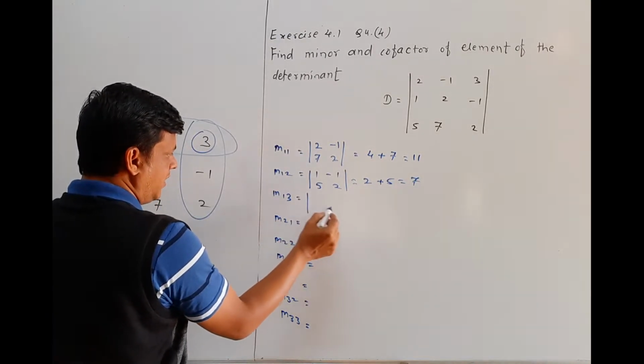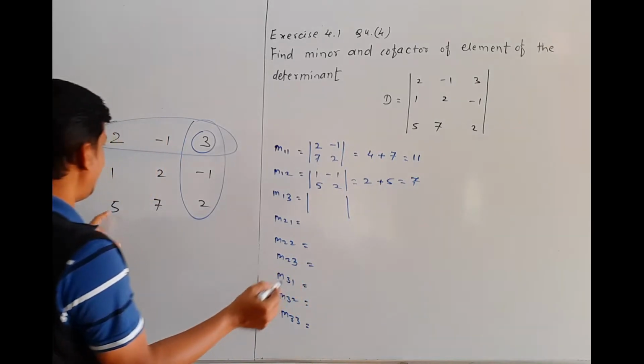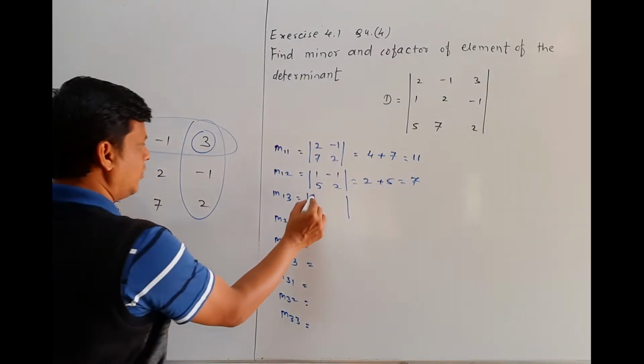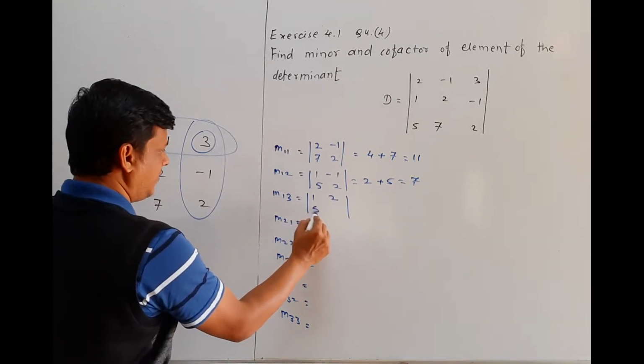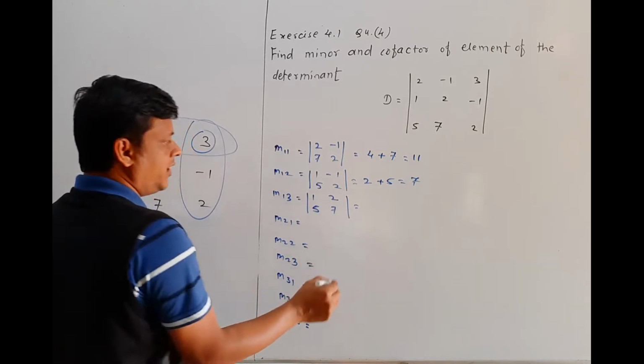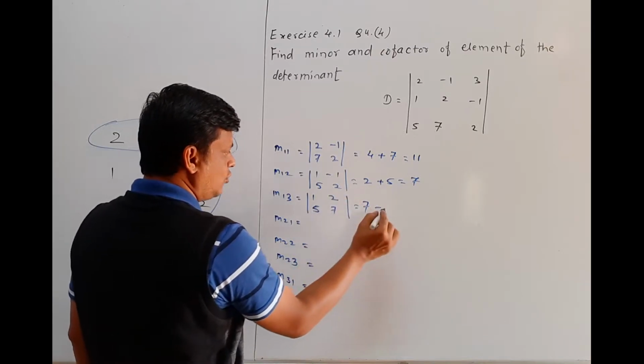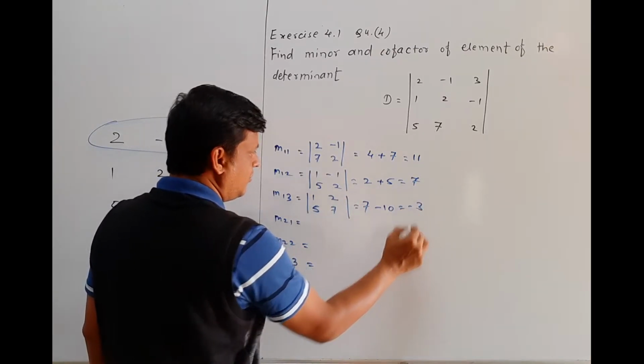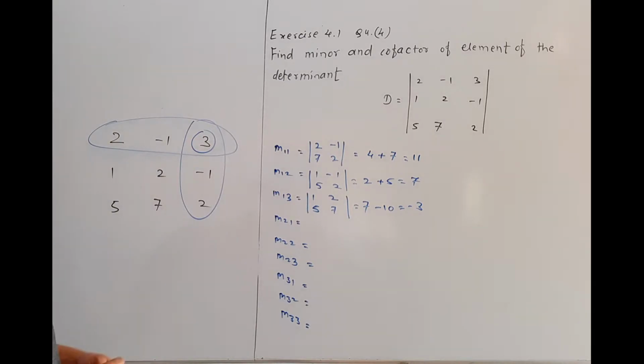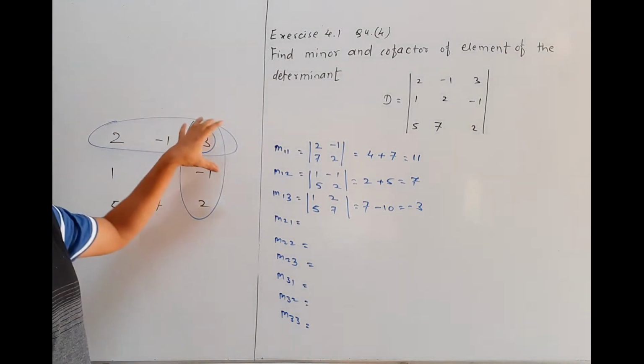So minor of 3 we find with the help of this determinant 1, 2, 5, 7. So calculate this determinant. 1 into 7 we get 7, minus 5 into 2 we get 10, that is equal to minus 3. So in this way we calculate the minor of elements of the first row.